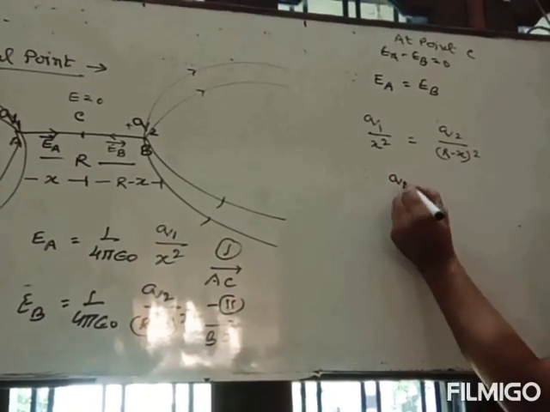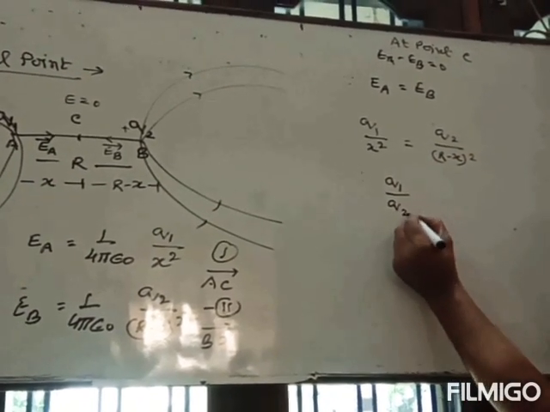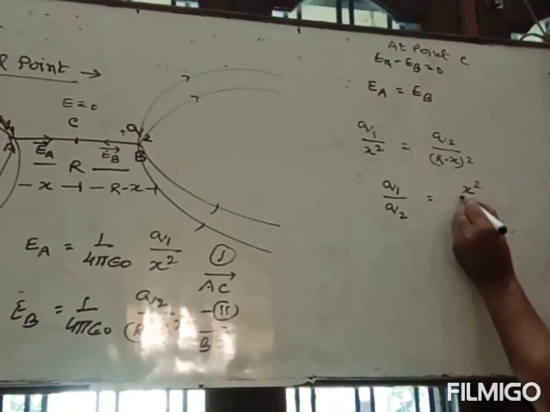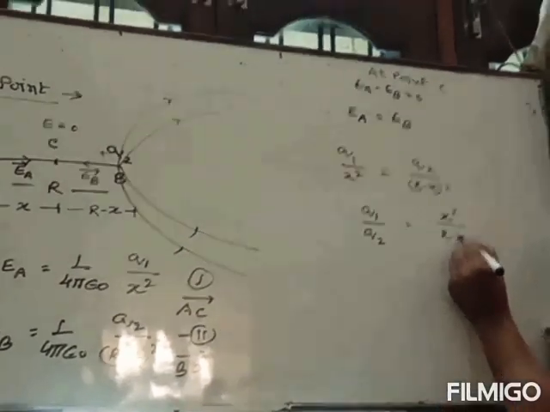Therefore, Q1 by Q2 is equal to X square by R minus X whole square.